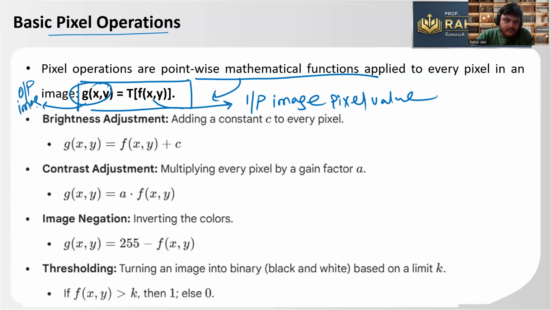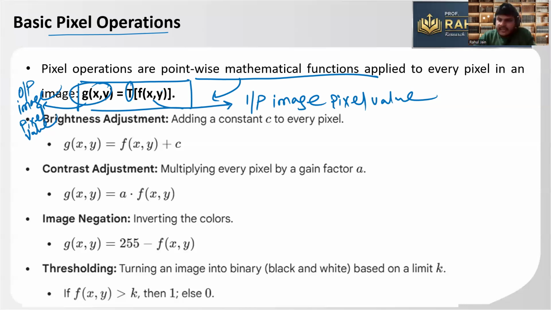T is the transformation function. Each pixel is processed individually here. That is the general form of basic pixel operation.